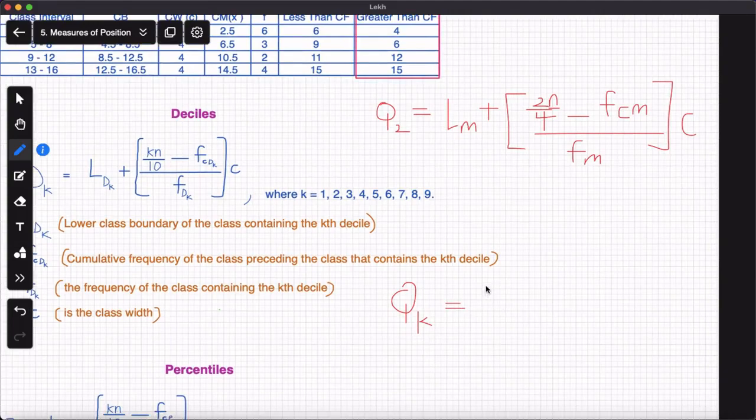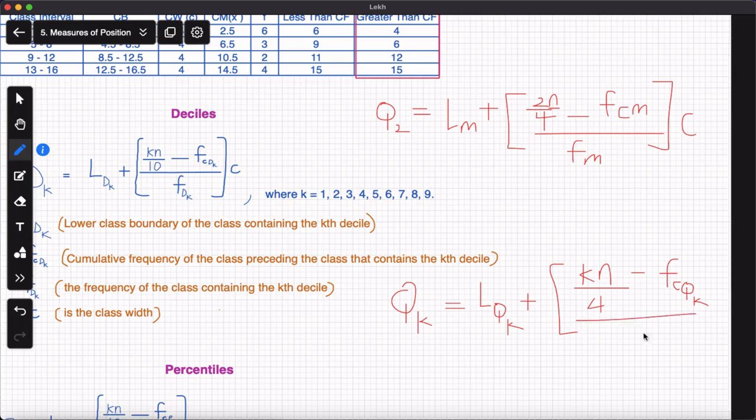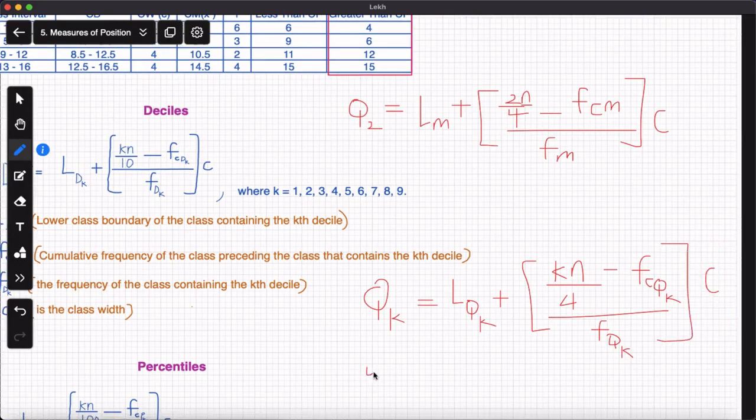For the quartile, we have Q subscript K equals L_{Q_K} plus K times N divided by 4, since we are doing quartile, minus F_{C Q_K}, all divided by F subscript Q subscript K, and that's multiplied by C, where K equals 1, 2, 3.